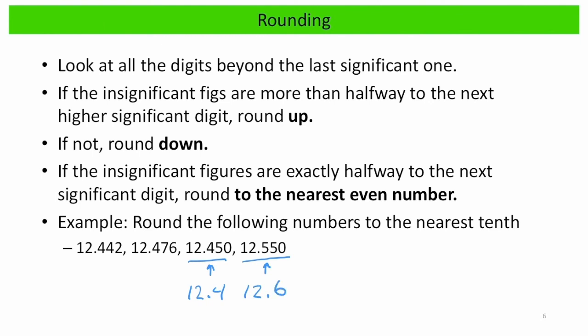Now hopefully you can do the first 2 examples because they are below halfway or less than halfway, and this one is above halfway, so this one's going to round up to 5. You only have to worry about rounding to the nearest even number if you have a situation where the numbers afterwards are exactly halfway between the 2 values that you might round to.